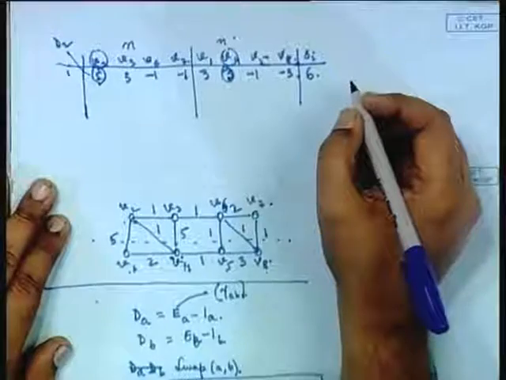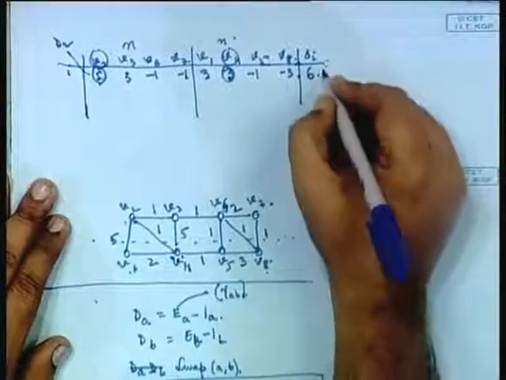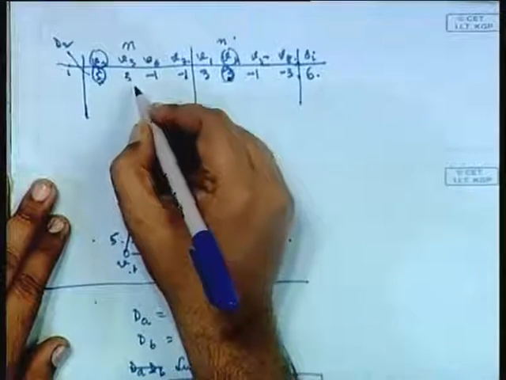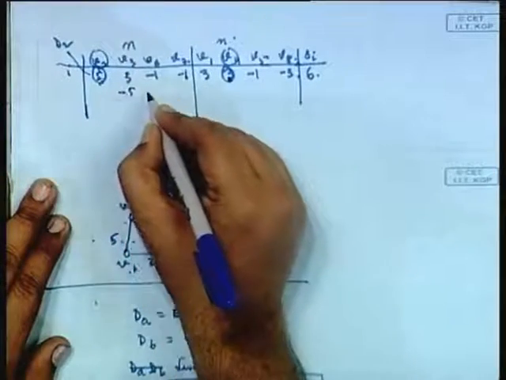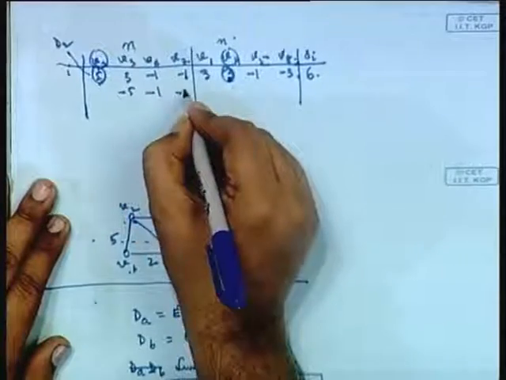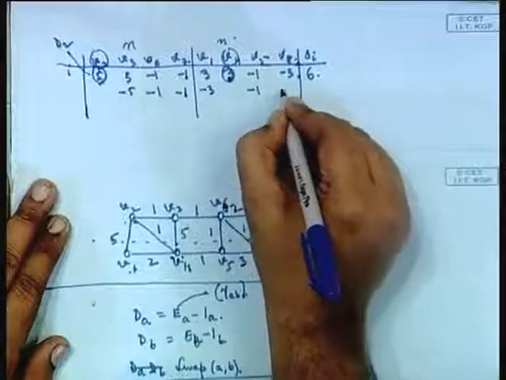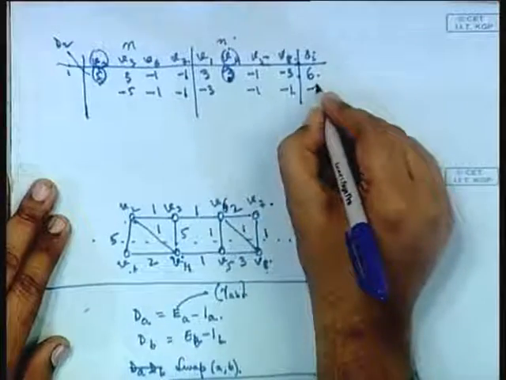Okay. So, this is the first, lock this, then go to the next one. Just take the others and calculate. So, minus 1, minus 3, minus 1, minus 1 and this gives you minus 2.